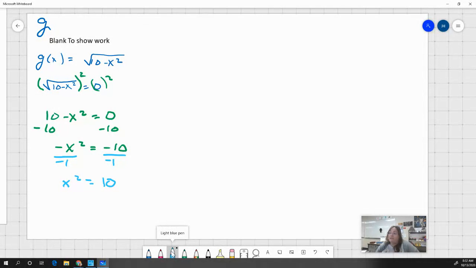I need to know what x equals, which means I have to take the square root of both sides. This will give me x, which is what I want to know, equals the square root of 10. I can't reduce that anymore. I can go, okay, well, it's 2 times 5, but 2 and 5 are both prime. I can't pull anything out of that square root. The one thing I need to remember, though, is when I'm dealing with square roots, it's plus or minus.